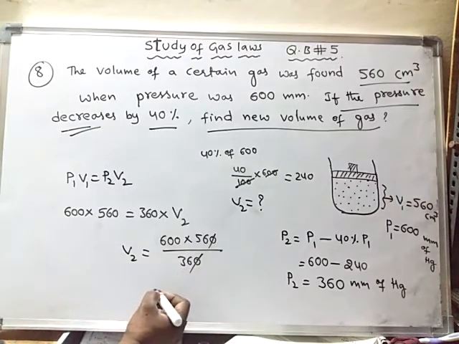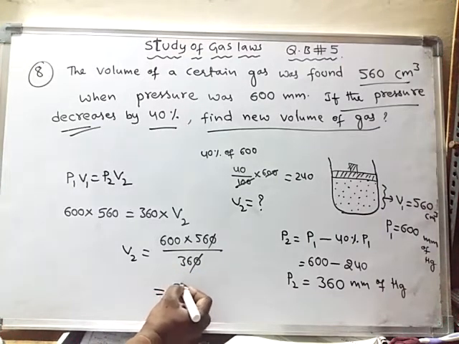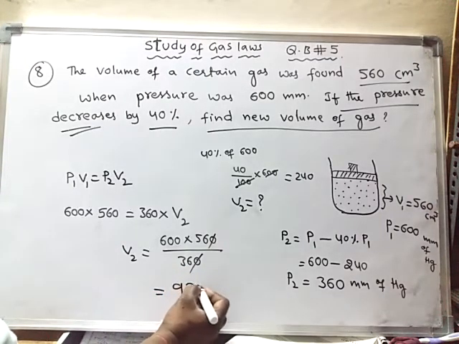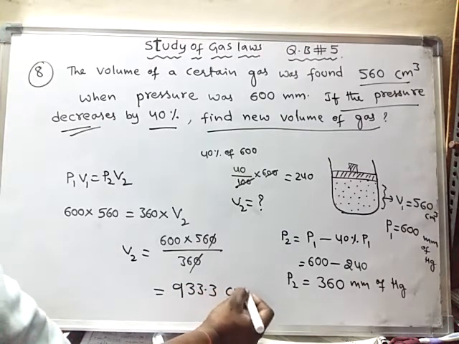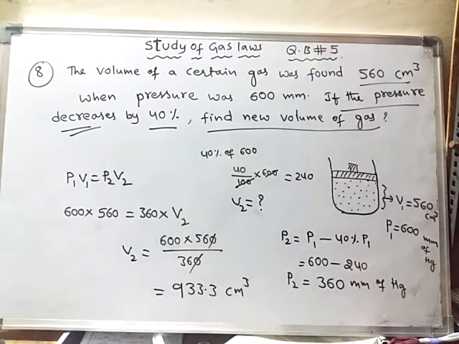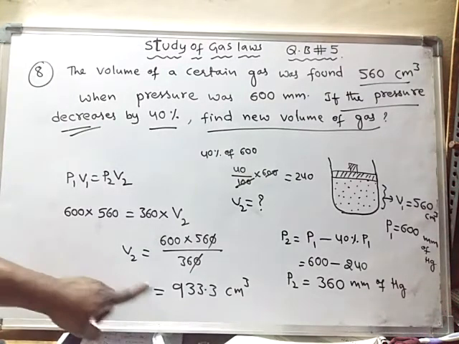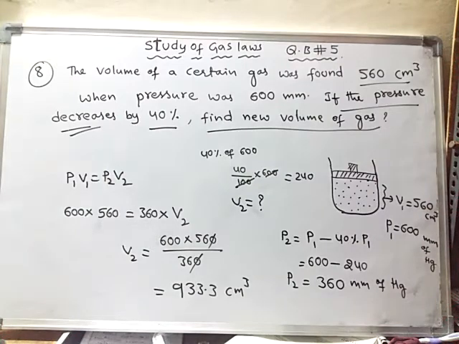Finally if you calculate this, we will get 933.3 centimeter cube. The new volume of the gas V2 is 933.3 centimeter cube.